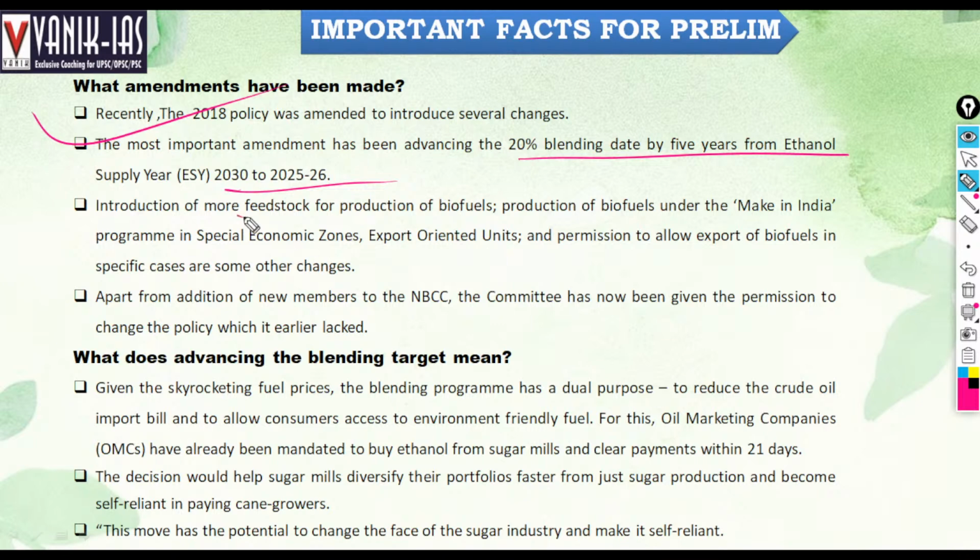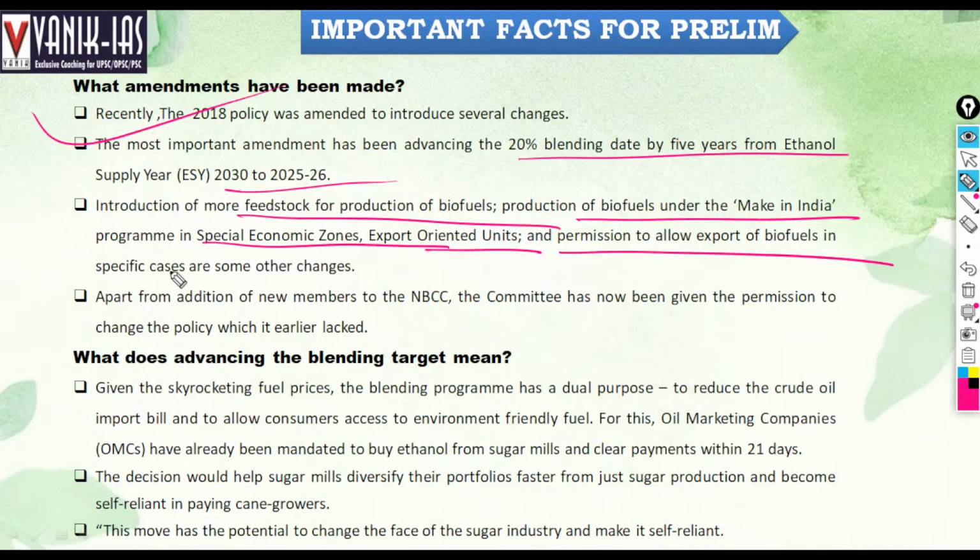Introduction of more feedstock for production, and in Make in India, special economic zones and export units, permission to allow biofuels in special cases. So various structural reforms have been undertaken. Apart from the addition of new members in the NBCC, the committee has now been given permission to change the policy, which it earlier lacked.